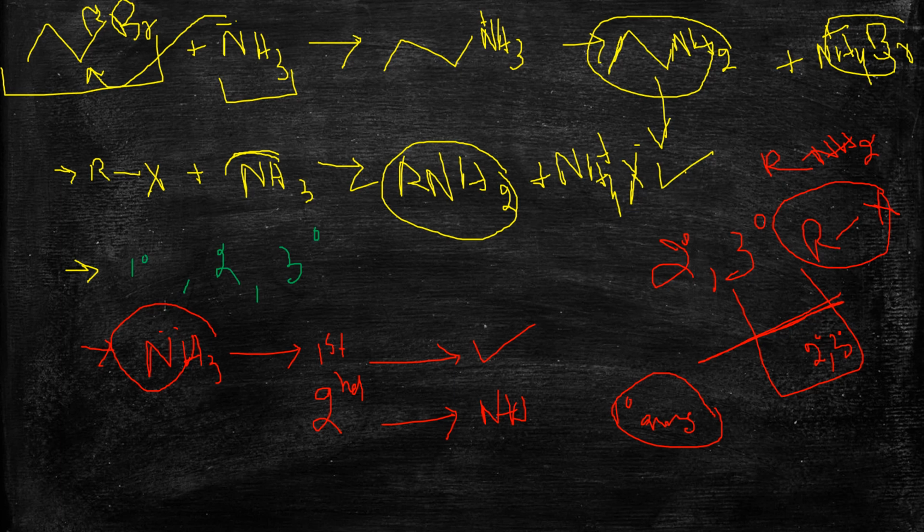So these are always present there, as a result of which we say that this method of preparation, that is alkylation of ammonia, is not the best way for the formation of primary amines.